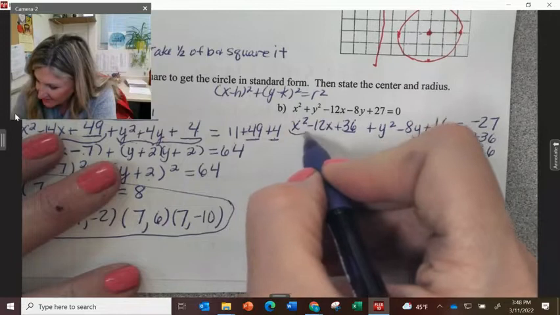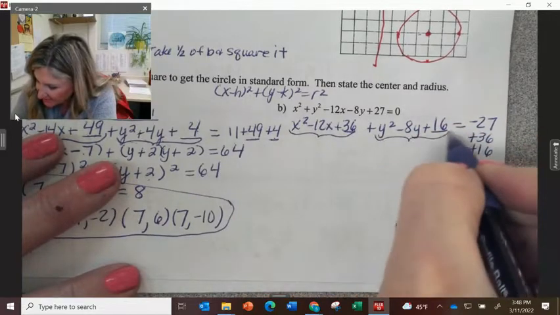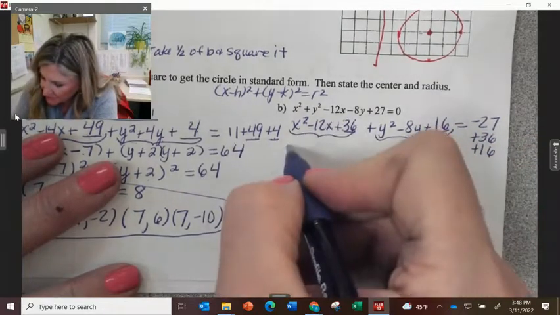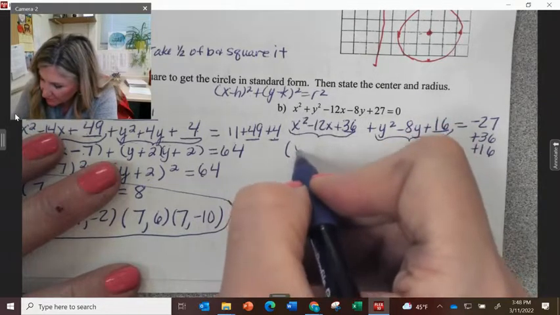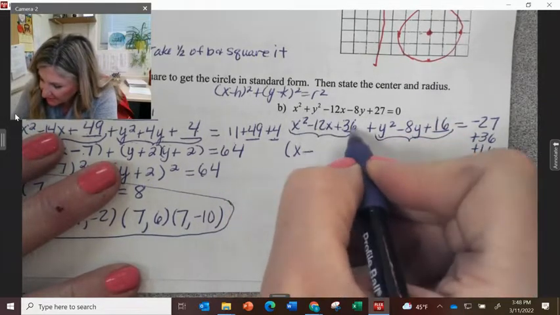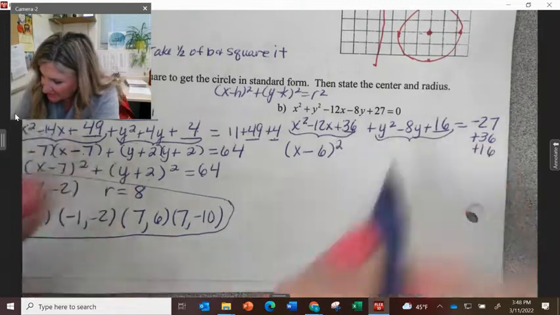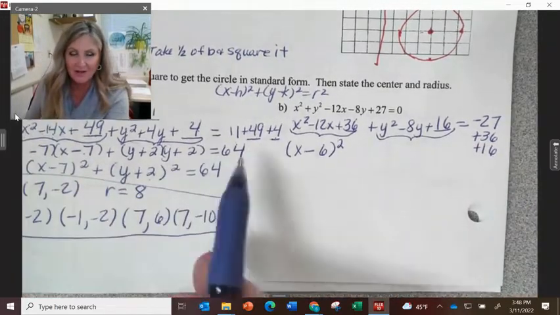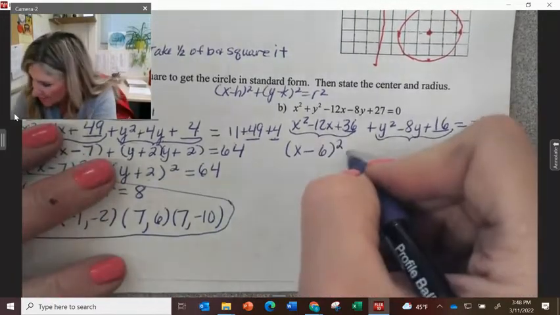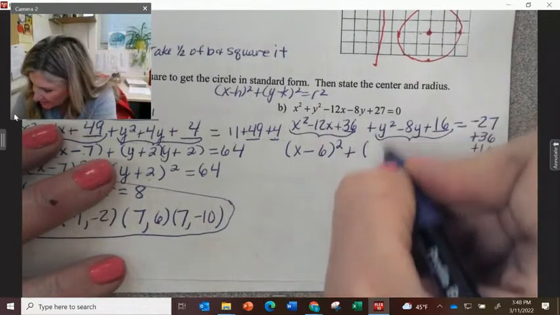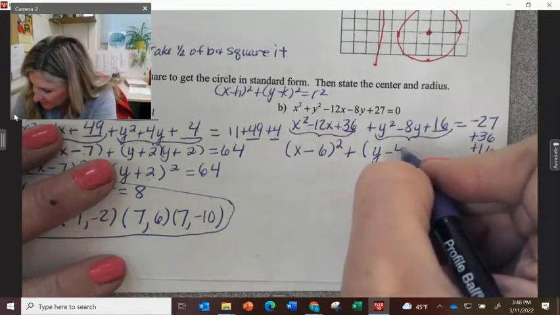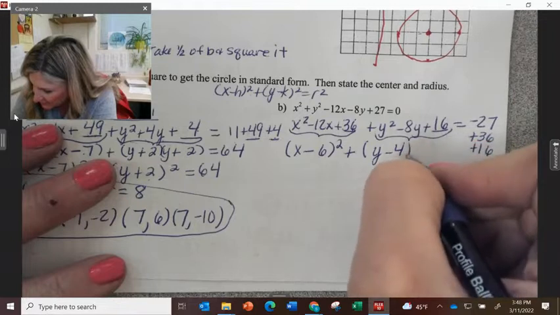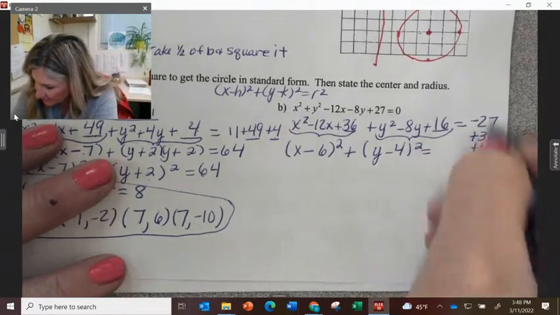Now I want to factor this, and I want to factor this. So remember the shortcut: the square root, the first sign, and the square root. That saves me from having to write all this out. I just did that so you would understand why it works. And now I have to combine all of these.